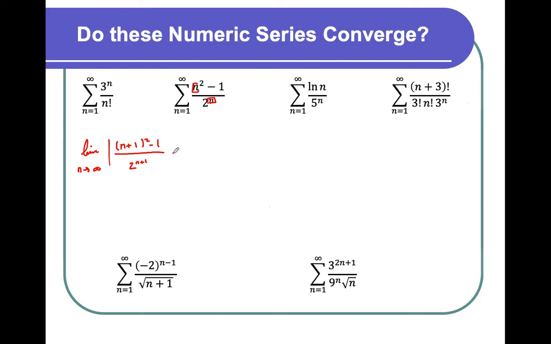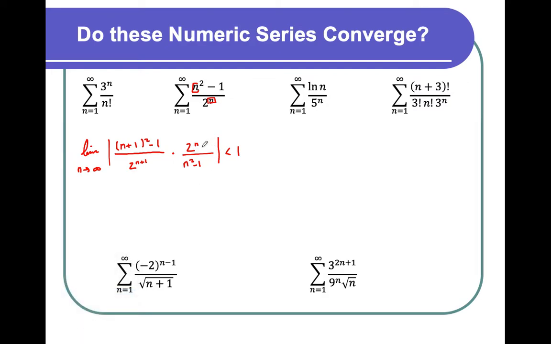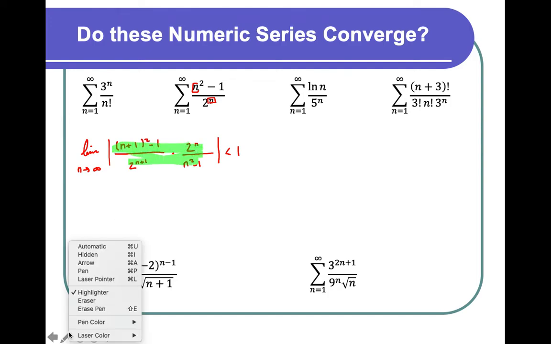And I'm going to multiply that by the reciprocal of my original. And I need this ratio to be less than 1. So now I'm going to take everything in here and simplify it using my algebra skills.